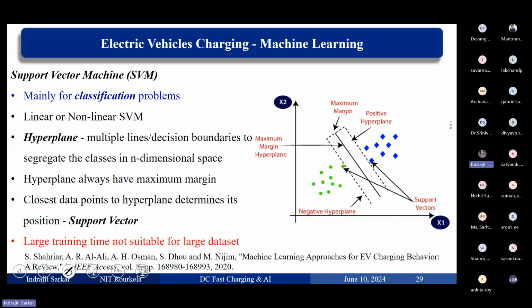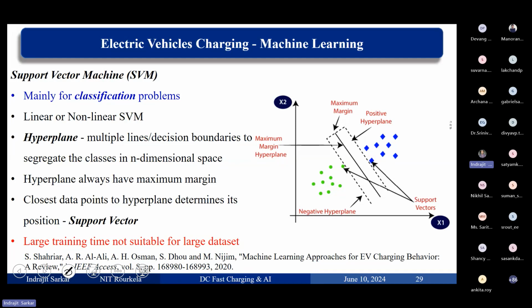They compared it with the Monte Carlo technique, and they concluded that for short-term load prediction, which means from 1 hour to 1 week, the support vector machine predicts better than the Monte Carlo technique.